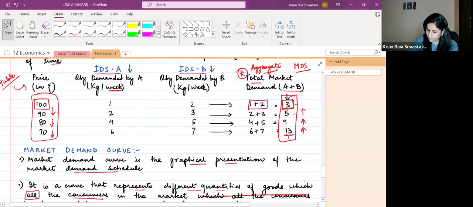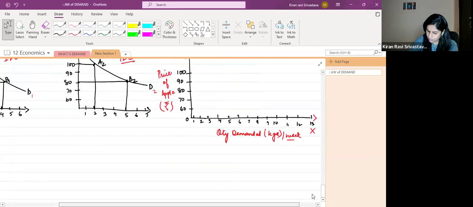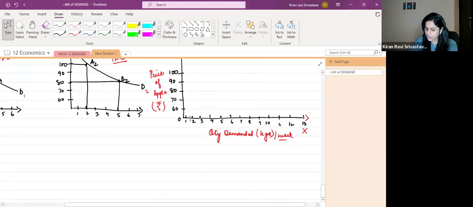I have plotted up till 13. Instead of writing 1, 2, 3 up to 13, which becomes too much, I could have written 2, 4, 6, 8, 10, 12, 14. It is up to you how you want to show your graph.